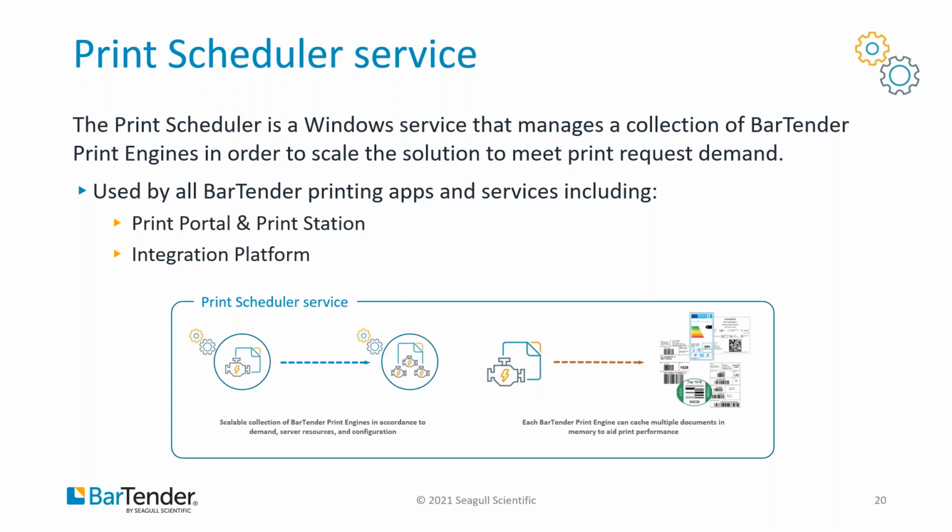So that server needs to be able to scale, needs to be able to handle the demand of print requests coming in potentially at a high frequency at the same time, while at other times perhaps being less busy. So the print scheduler service helps to manage your print engines and scale it according to the demand being placed upon it within the confines of that one cloud server.